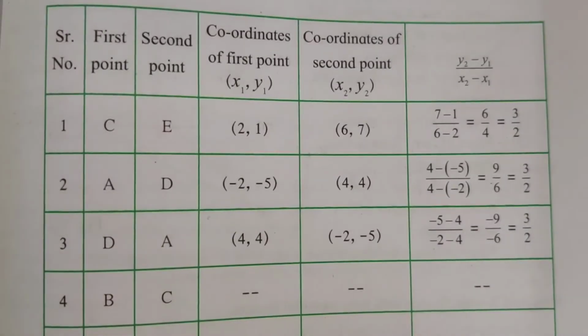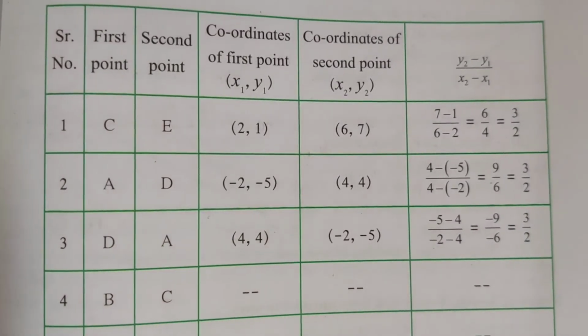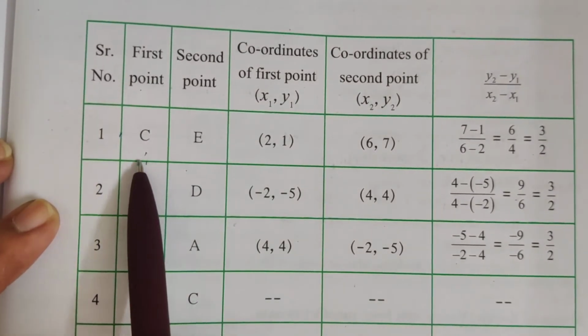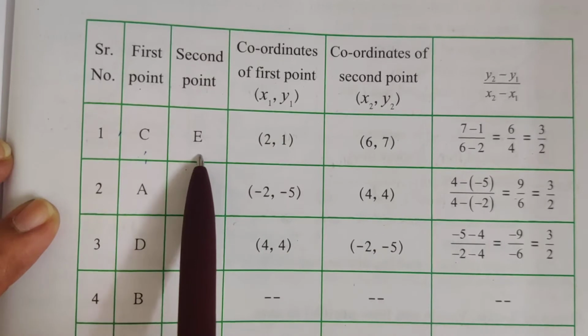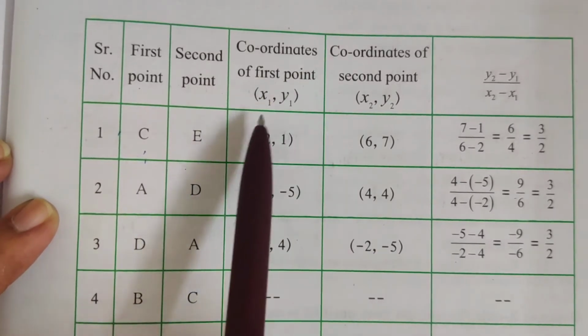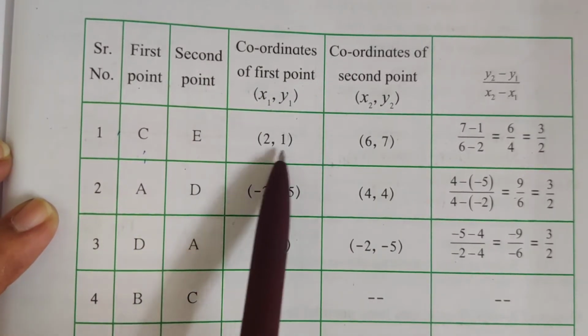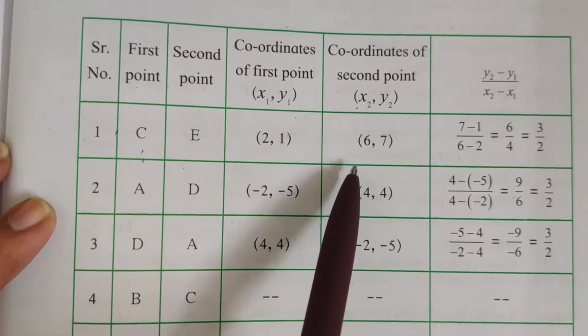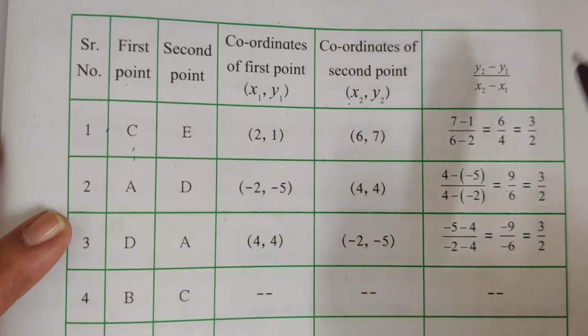So whatever is given in that activity, 2 points are there. Suppose the first point is C, the second point is E. Coordinates x1 and y1 are 2 and 1. Second point coordinates x2, y2 are 6 and 7.